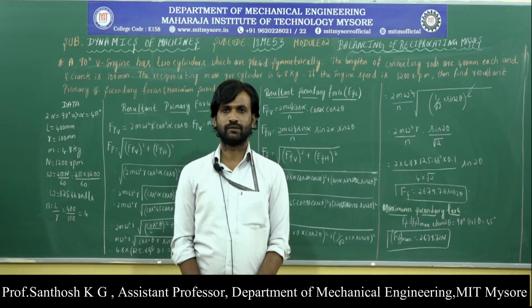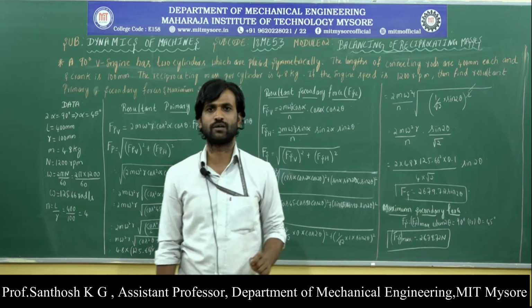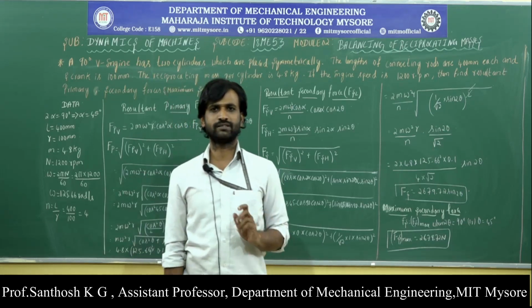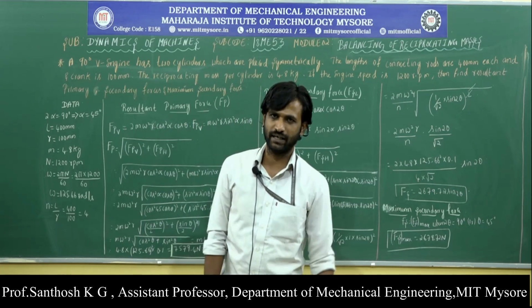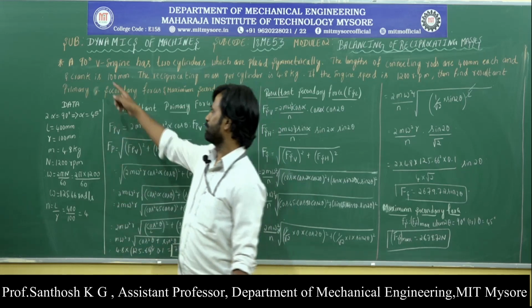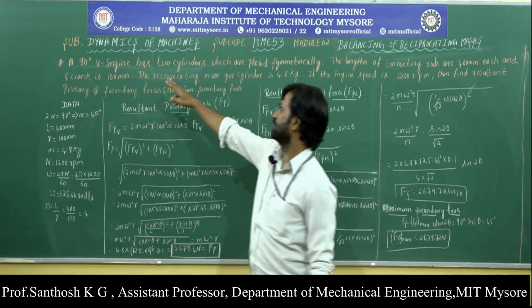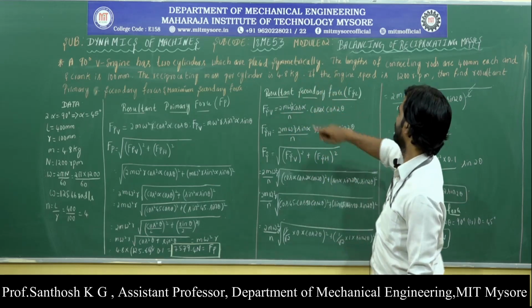After finding the unbalanced primary and secondary forces in the case of a V engine, now let us try to solve one problem on a V engine. The problem is like this: we have a 90-degree V engine which has 2 cylinders placed symmetrically.